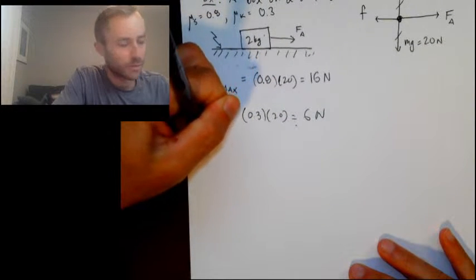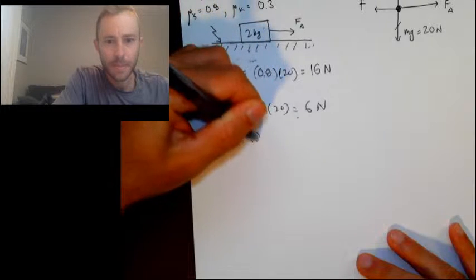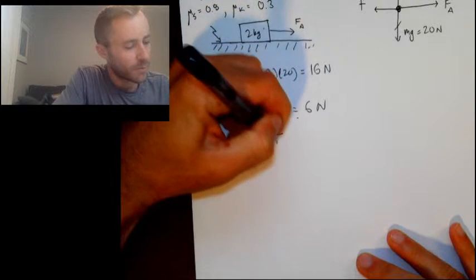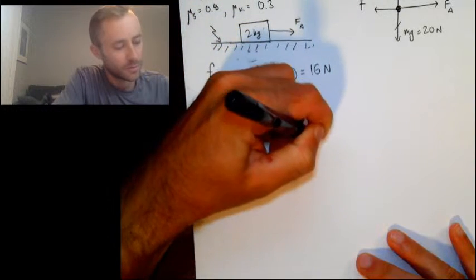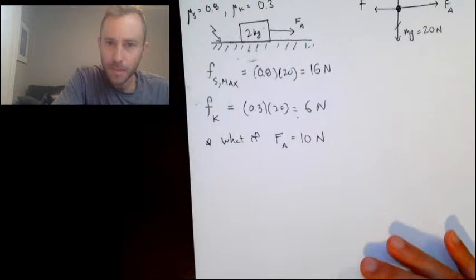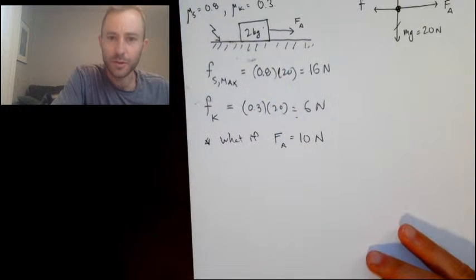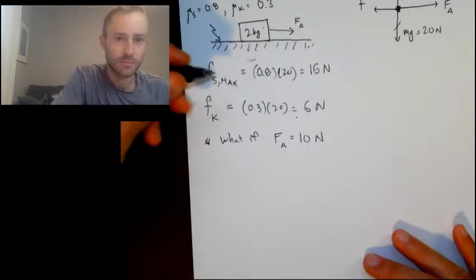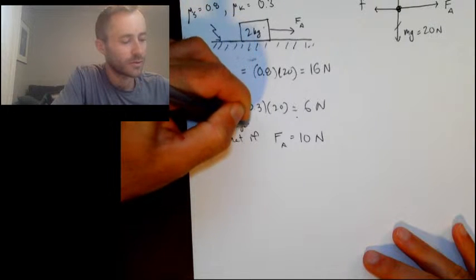So let's think about some different cases. The first case I want to consider is, what if the applied force is 10 newtons? And let's say the object starts at rest.